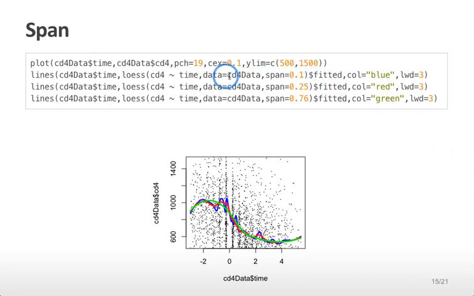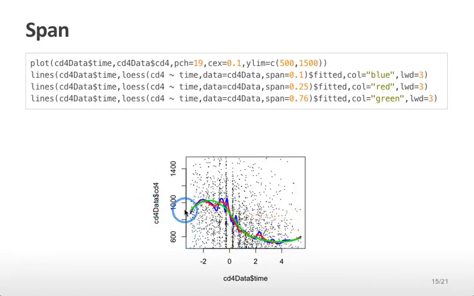So if the span is equal to, say, 0.1, then at each data point, about 1/10 of all of the data points are used in calculating the local weighted value for that data point. If the span is equal to 0.25, then about 1/4 of the data are used for calculating that smooth value. And if the span is equal to 0.76, then about 3/4 of the data are used when calculating the smooth value at any point.